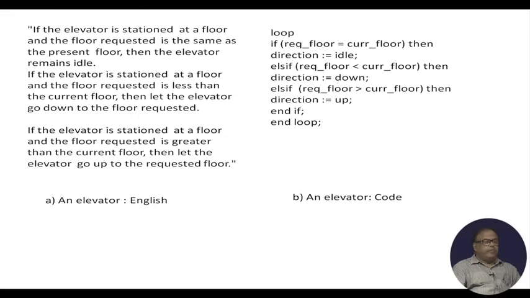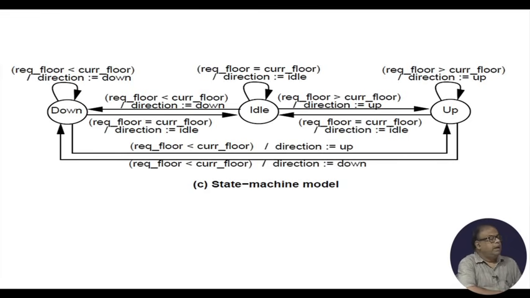Now, this thing you have to understand, and the same thing I can put with more information if I draw it in the form of a finite state machine. Let us look at this finite state machine a little bit.